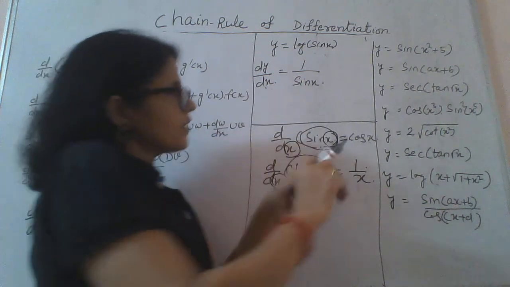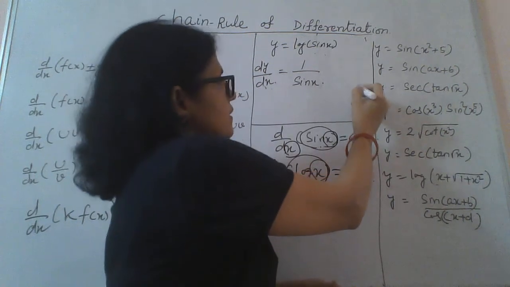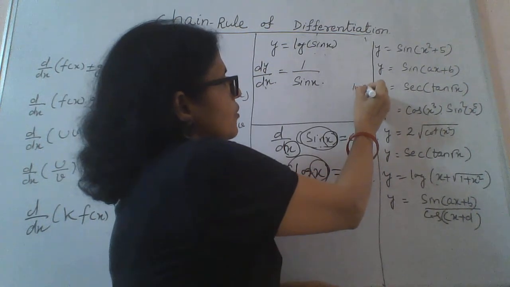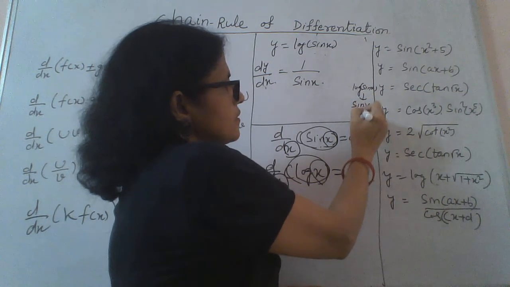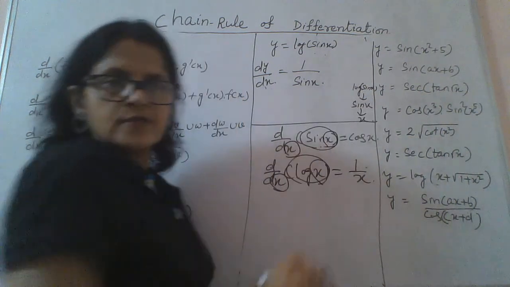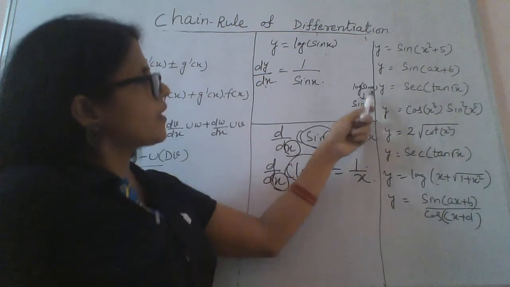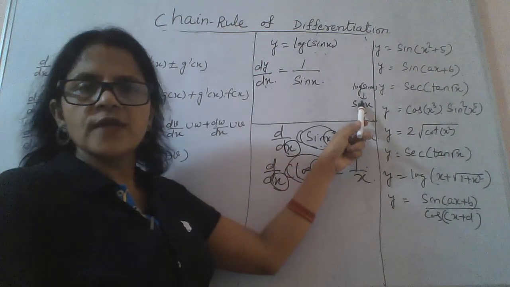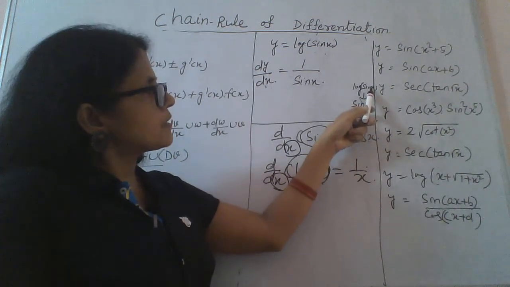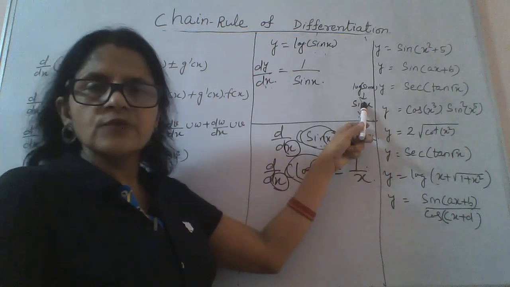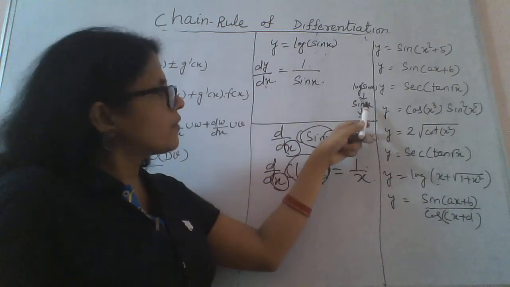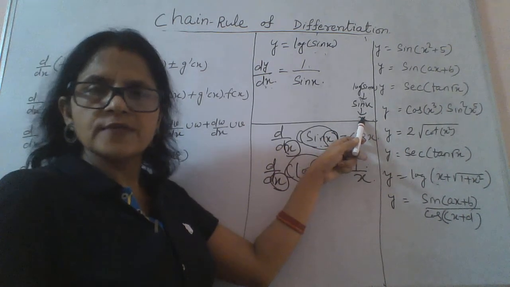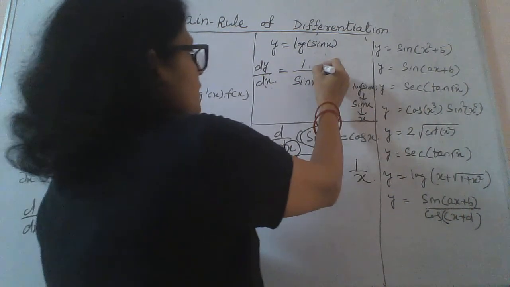Now the correct answer will be like this. If we think log sin x, a function of sin x, a function of x. So if it is t, log t with respect to t, so 1 by t. Now sin x is a function of x, so one more step will be there.